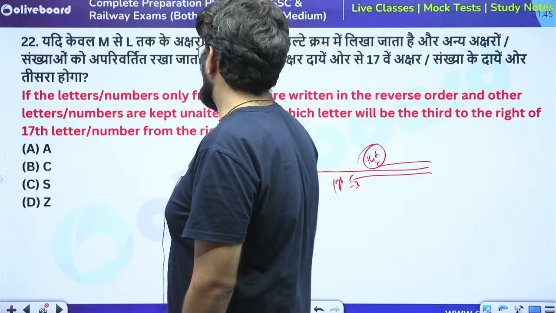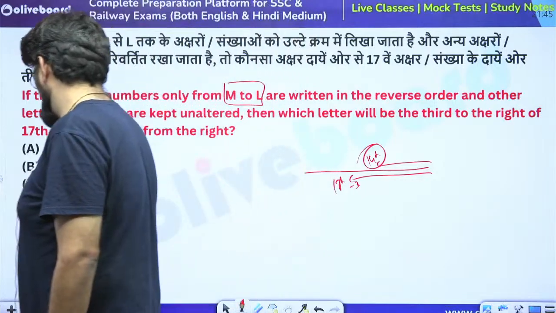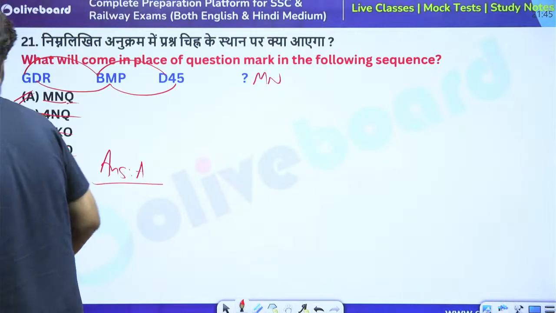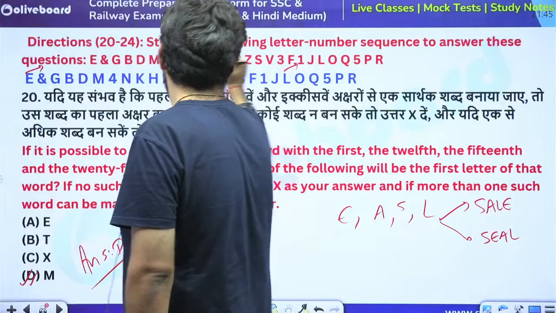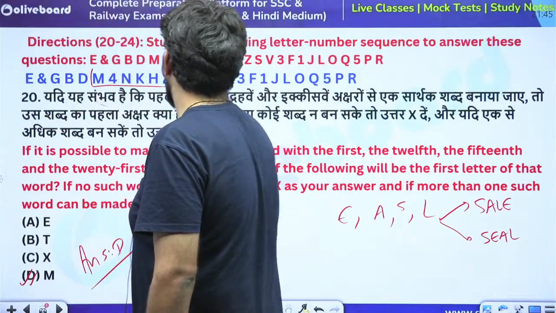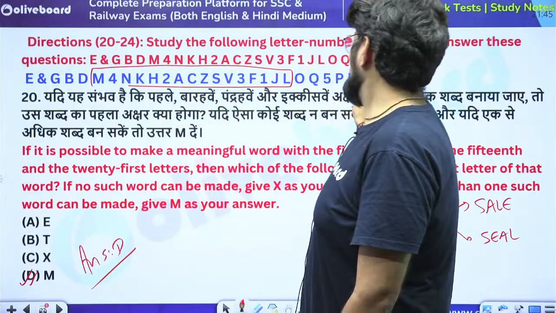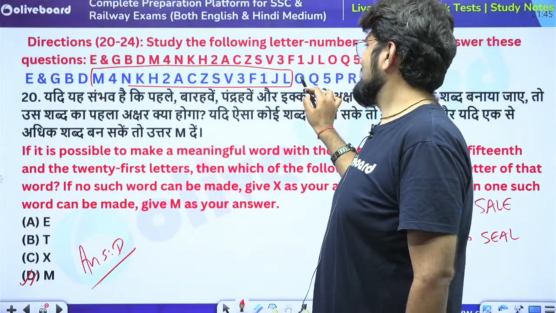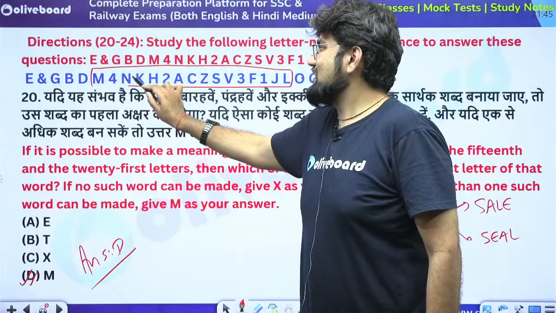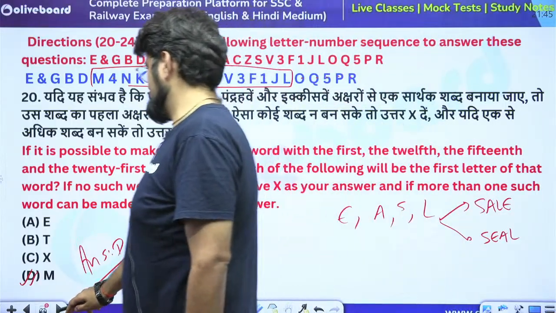So now I am writing the letters from M to L, letters and numbers in the reverse order. From here to here. And I am asking you 14th letter from the right end. So we have 1, 2, 3, 4, 5, 6, 7, 8, 9, 10, 11, 12, 13, 14. So the answer is Z.